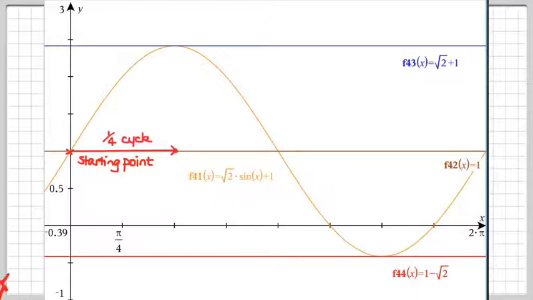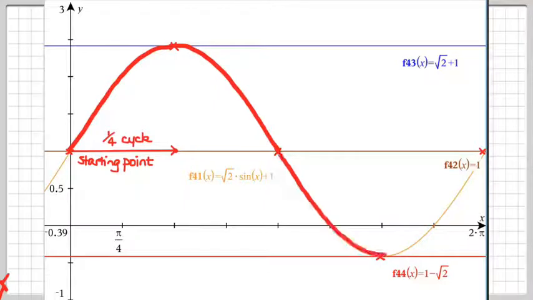A quarter cycle is pi on 2, so that gets us into perspective. Let's go for it. That's the first quarter cycle point on the graph, that's the next, and that's the next one, and that's the last one, and so on. So you have to fill it in from this point to there, like that, and then you go from there to there. It's a sine graph, so you know what you're doing.